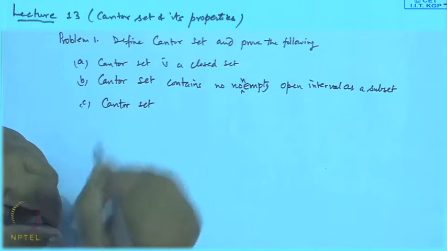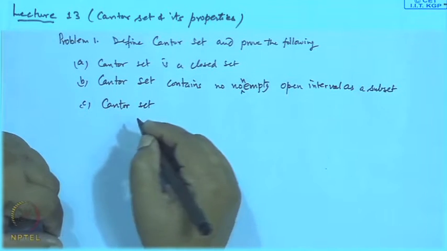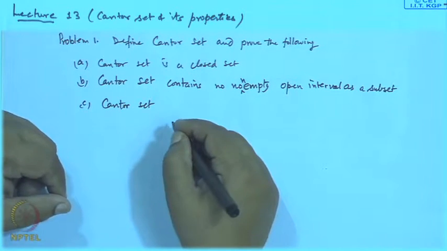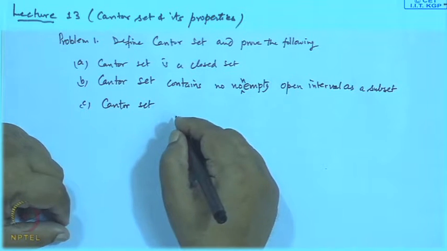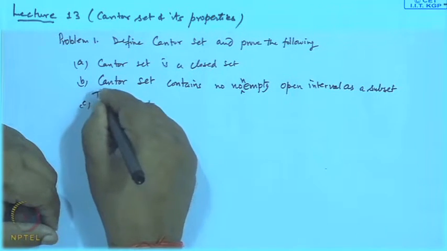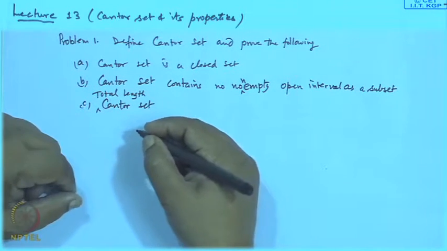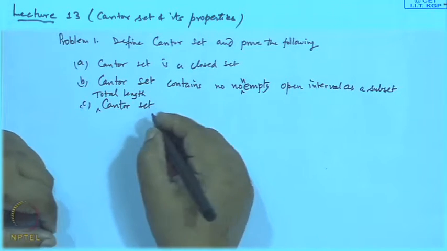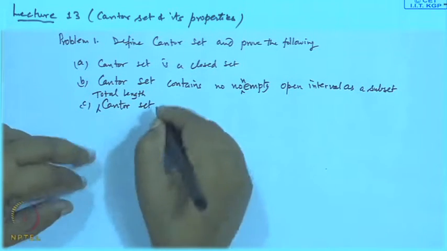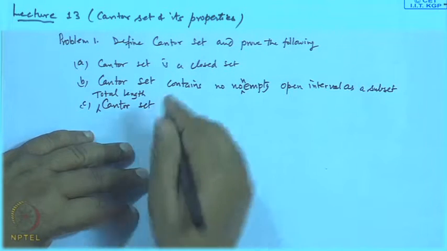The total length of the Cantor set is 0.